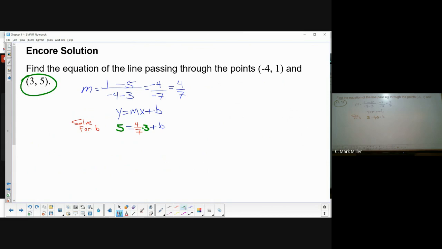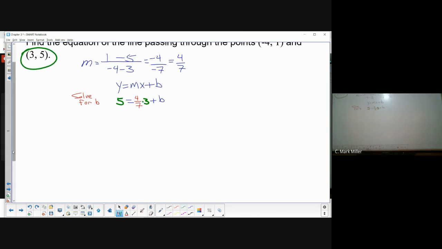Some people like this method better. I don't care which one you use. So now you're going to have 5 equals 12/7 plus b, since 3 times 4 is 12. So b is going to equal 5 minus 12/7.